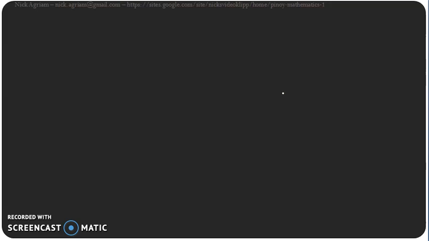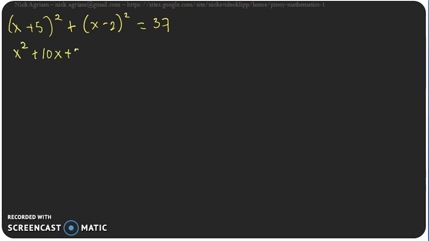Okay, let's take some more examples. We have x plus 5 squared plus x minus 2 squared is equal to 37. Then we have x squared plus 10x. I am not going to discuss how I do it. That is a special product, the square of a binomial.